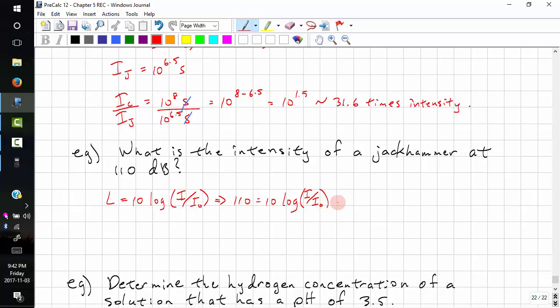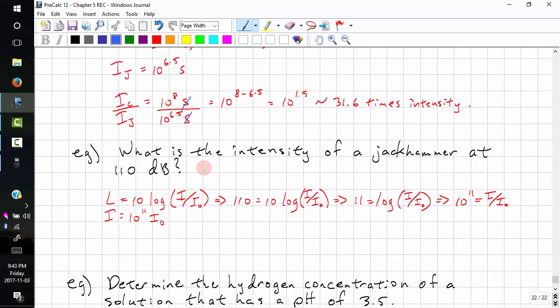Divide both sides by 10. 11 equals log I over I naught. And finally, exponentiate both sides with base 10. 10 to the power of 11 equals I over I naught. And I equals 10 to the power of 11 I naught.